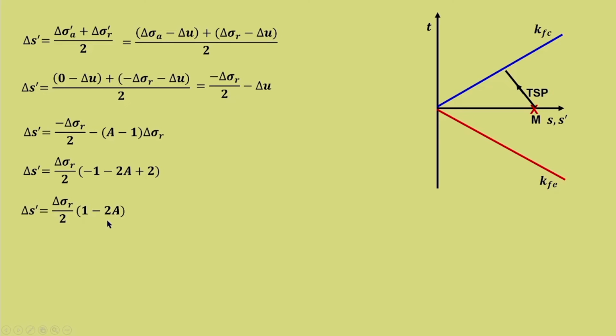So, that is 1 minus 2A. So, delta T' upon delta S' is equal to 1 by 1 minus 2A, the same expression. So, this is the effective stress path, and if A is varying, then it is non-linear.